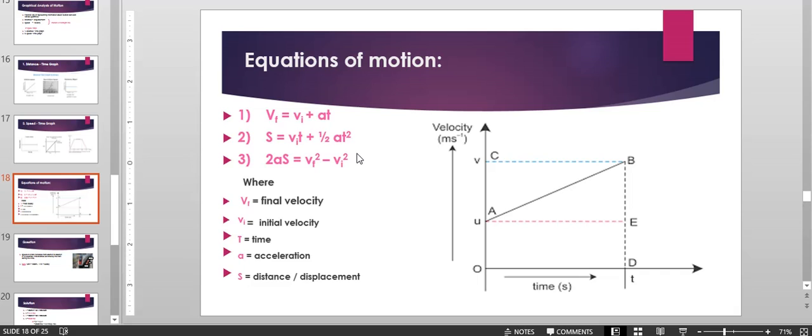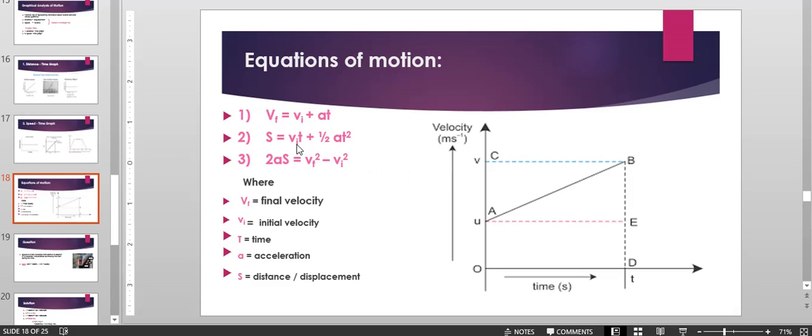To simplify the derivation of these equations, we assume that the motion is along a straight line, so we consider only the magnitude of displacement, velocities, and accelerations of any object.